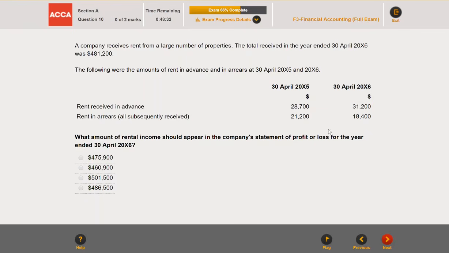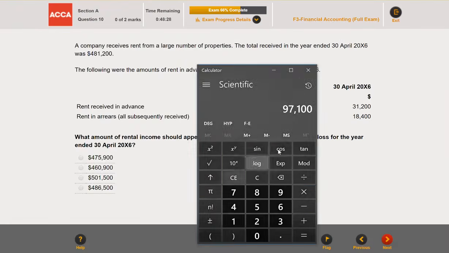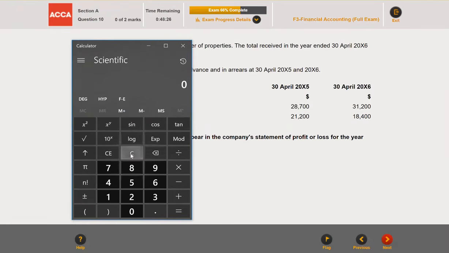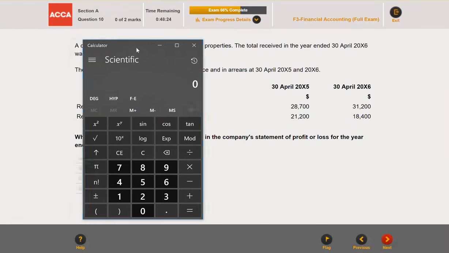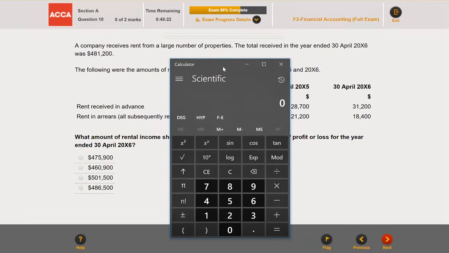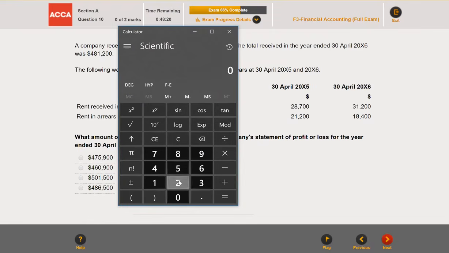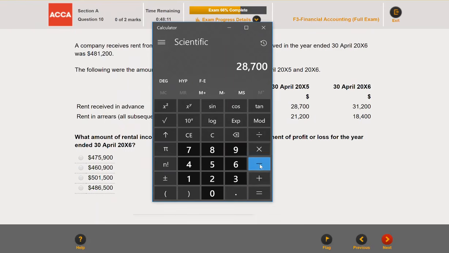So let's see, this is the opening figure and this is the closing figure. Opening prepayments is added, since rent received in advance means prepayment, and closing prepayment is deducted, so minus 31,200.